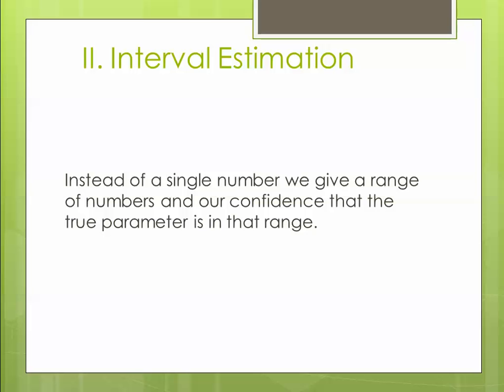We want to say with 95% confidence that the population proportion for people who watch the Super Bowl was between X percent and Y percent. And we'll give it that range of numbers because it's much more likely to actually fall within a range than to be at a specific point. So that refines the information that we give, and we have more space to capture the true parameter within.